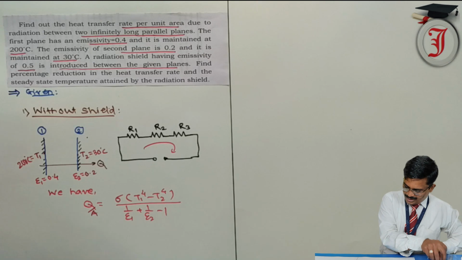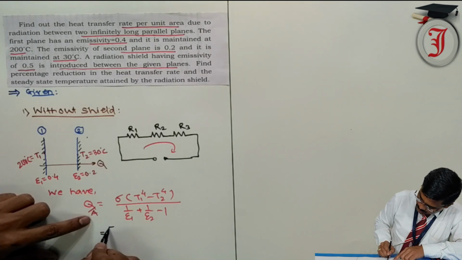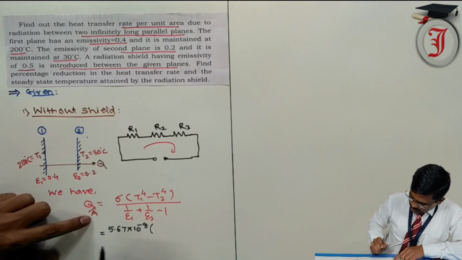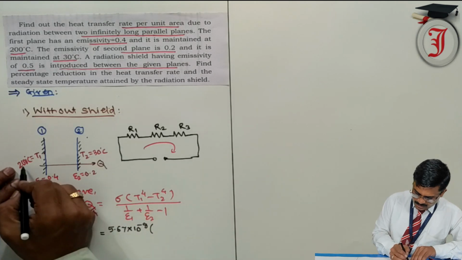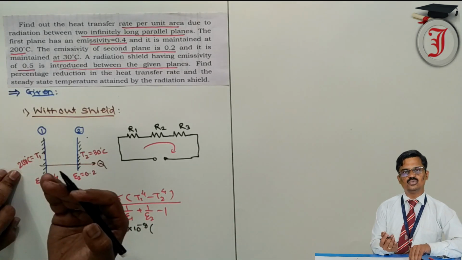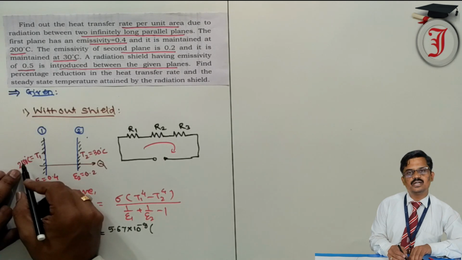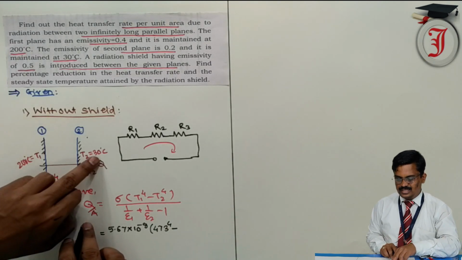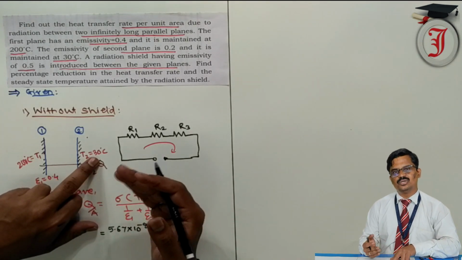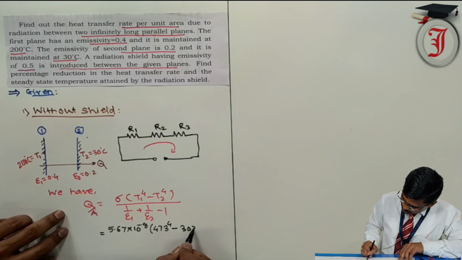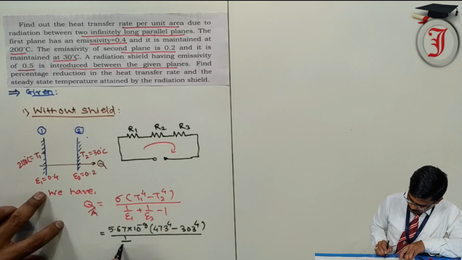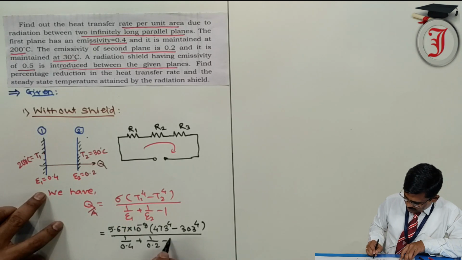We know the values: sigma is equal to 5.67 into 10 raised to minus 8, into bracket T1 to the power 4. T1 is 200 degrees Celsius, we have to convert it into Kelvin. So 200 plus 273, it is 473 raised to 4, minus 30 degrees Celsius plus 273, so 303 raised to 4, upon 1 upon epsilon 1, which is 0.4, plus 1 upon epsilon 2, which is 0.2, minus 1.